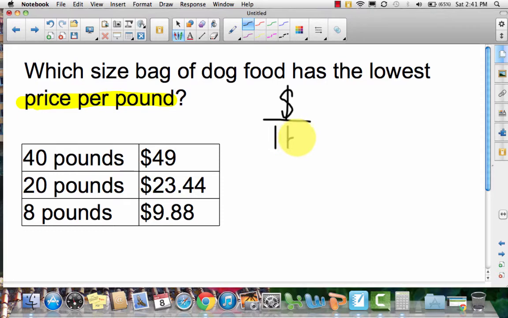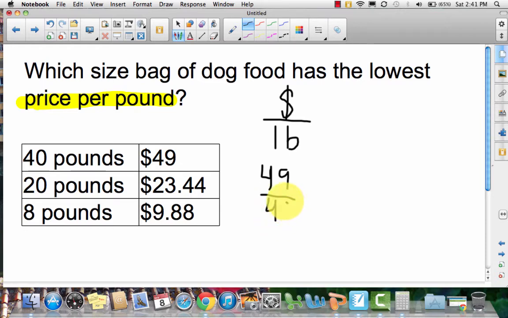So if I look at my first option for dog food, I can buy 40 pounds for $49. Well, we know dollars goes on the top, so I would put 49 in the numerator. And if I look back at my setup, pounds goes in the bottom because it's price per pound, so 40 pounds goes in the denominator.